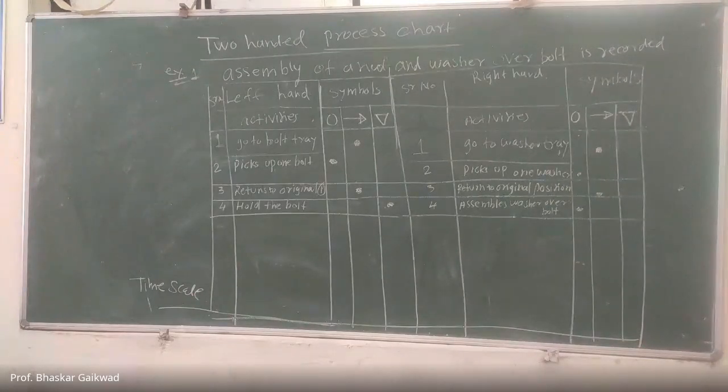So let us write the next activity related to the nut. Up till now in the chart we have seen only the activity related to bolt and washers by using our two hands. Now we go for the nut.